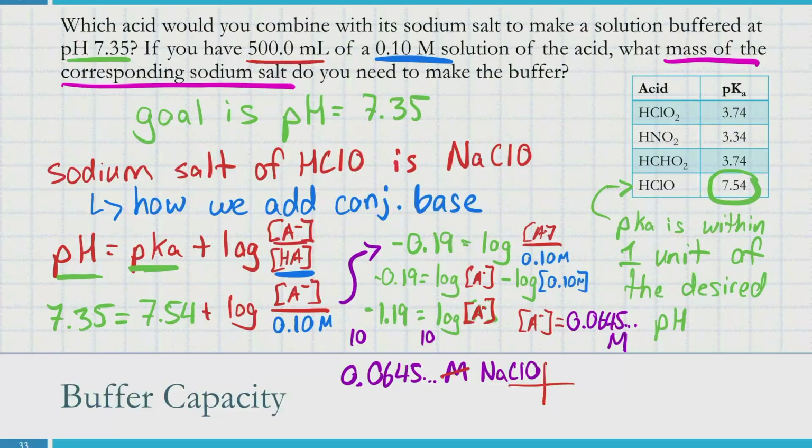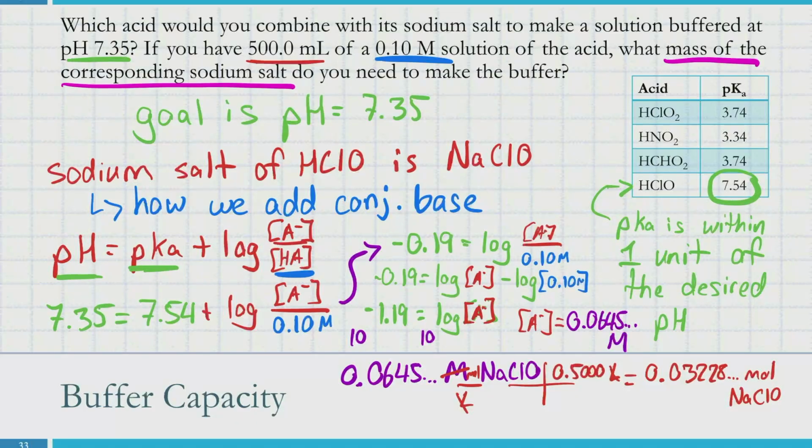So remembering that molarity is moles over liters, we can multiply by 0.5000 liters to get moles of sodium hypochlorite.